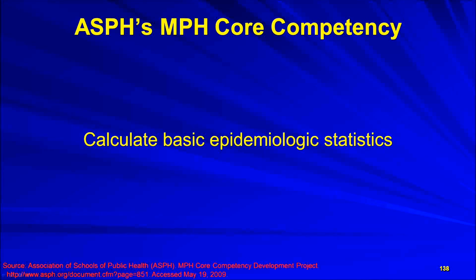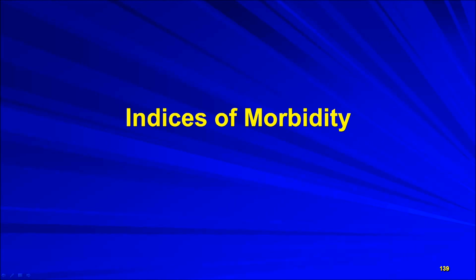It requires a knowledge of what goes into the formula, and that's what's most difficult. I don't think there's too many tricks about it, but I'll try and bring you along with the basic information. So we're going to focus on indices of morbidity or disease, and I'll acquaint you with the basic terms and the calculation processes and what to pay attention to.